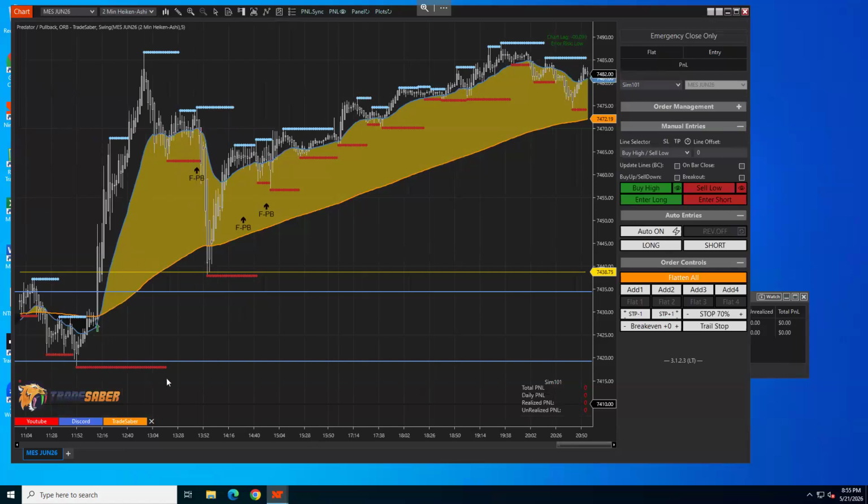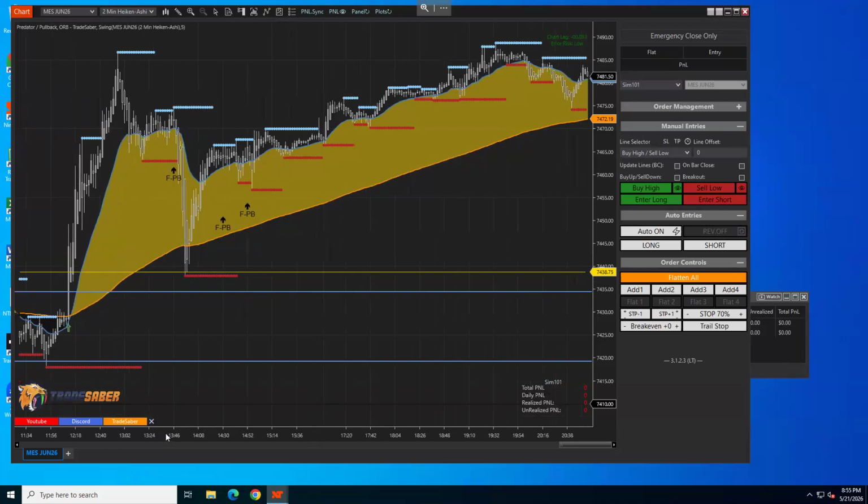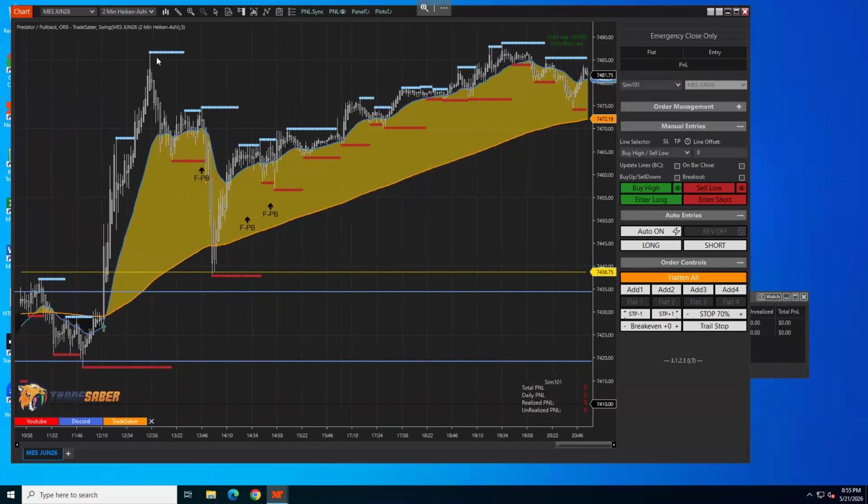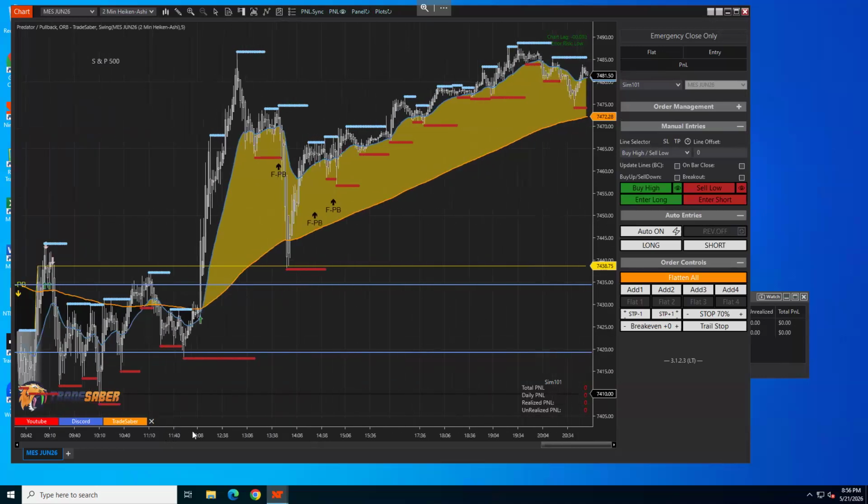Now, these different indicators, everything that's on here, is called an indicator. The indicator is indicating which way the market is going, so you can dictate which way the market is going. Going up is called an uptrend. Going down is called a downtrend.